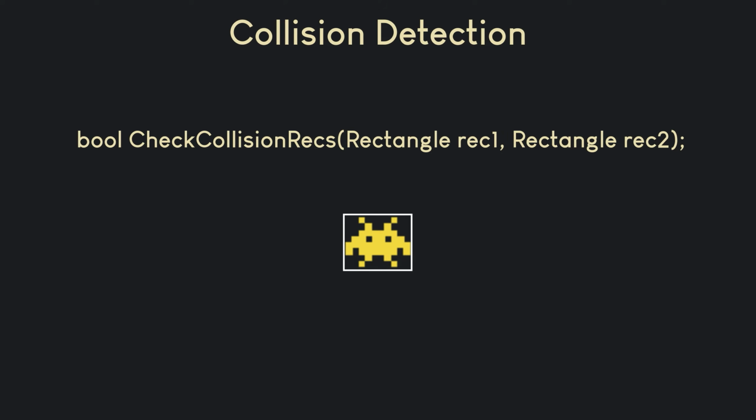This rectangle will be sized to match the dimensions of the object's image and it will be positioned accordingly. By doing this, we can check if two objects collide by examining their associated rectangles. This approach allows us to leverage the rectangle collision detection functionality provided by Raylib for our game objects, making the collision detection process very easy.